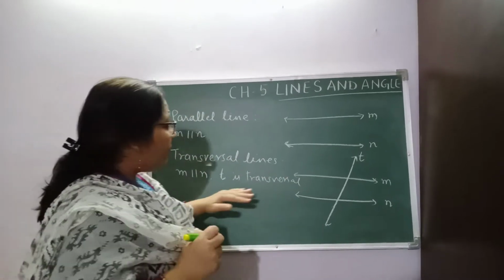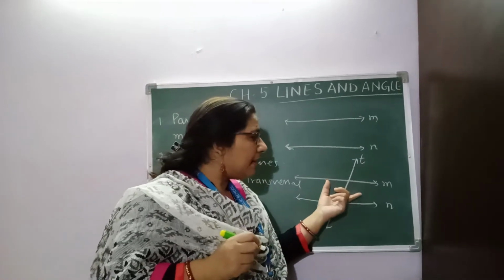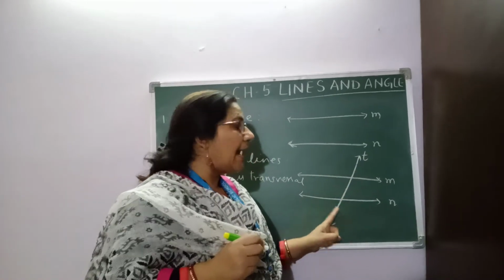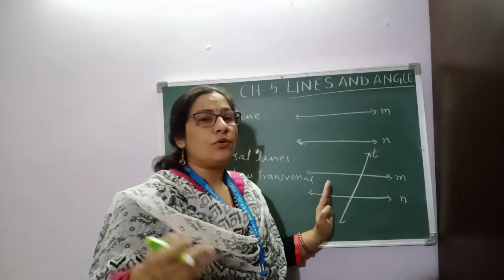When the transversal is drawn across the parallel lines, it forms many angles on the plane. I'll show next.